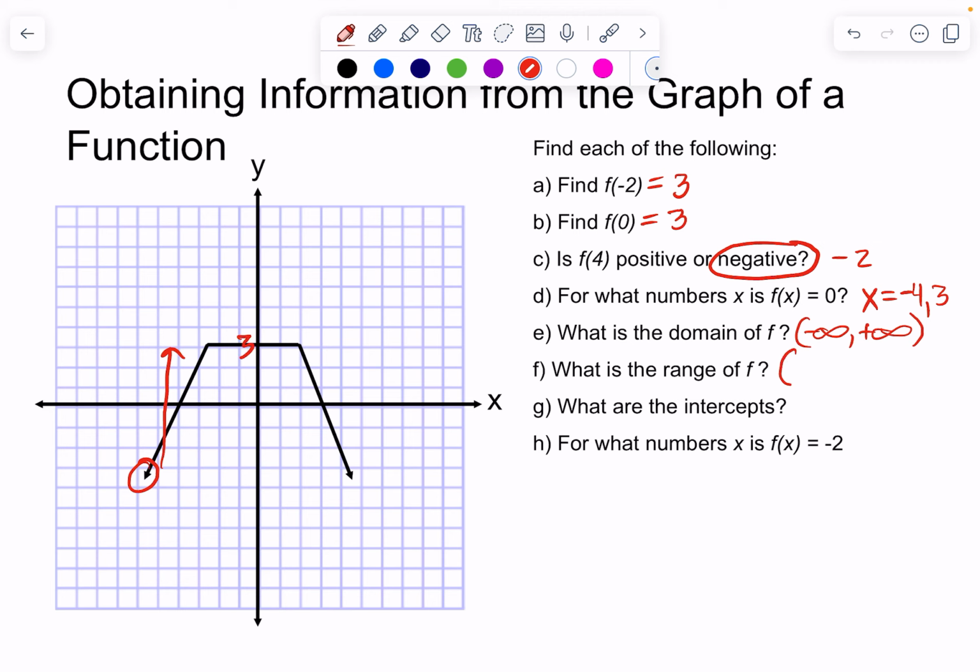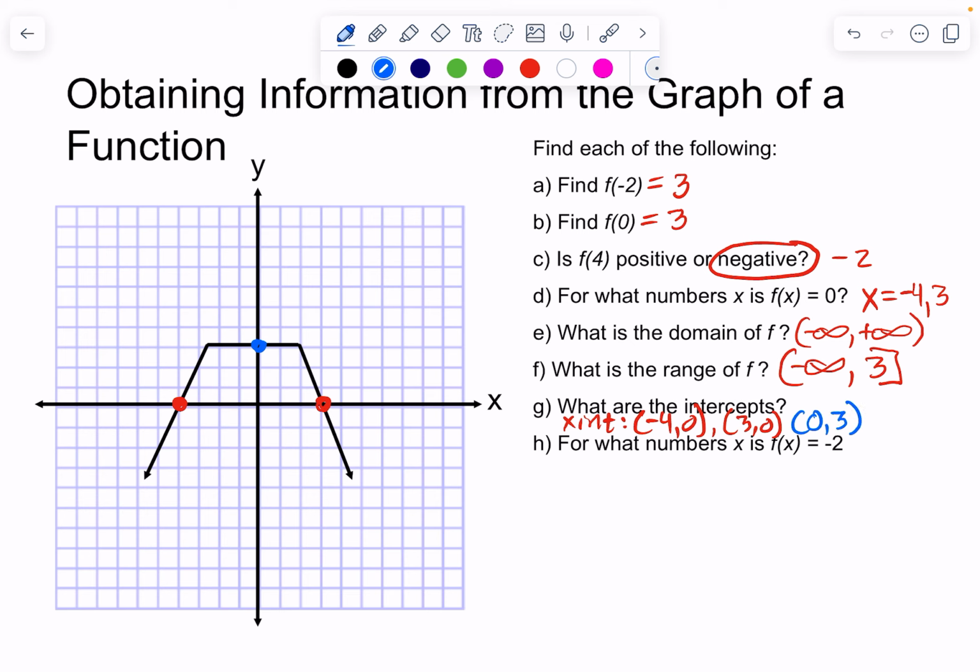So my range goes from negative infinity to positive 3, and it's equal to 3. What are the intercepts? Well, we've got x-intercepts and y-intercepts. The x-intercepts are negative 4, 0, and 3, 0. And the y-intercept is simply 0, 3.